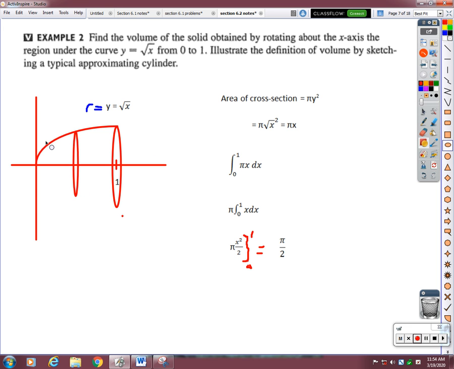So here's a little bit better graphic of what we are doing when I'm talking about taking this curve and rotating it around the x-axis. We're getting all these infinitely thin cylinders, adding up all of their volumes, and the volume of that is pi over 2.